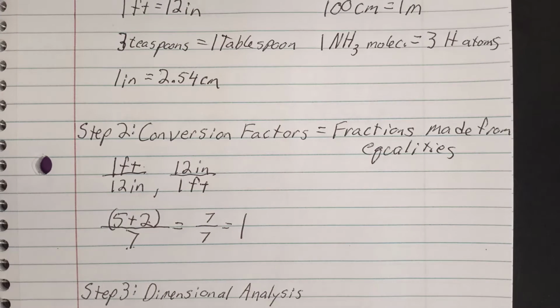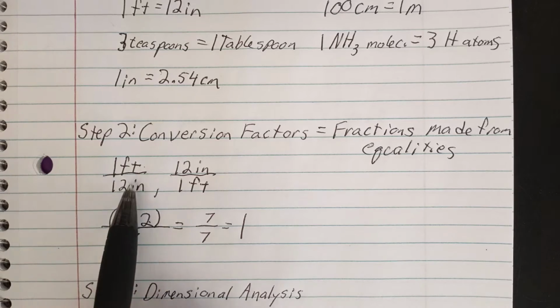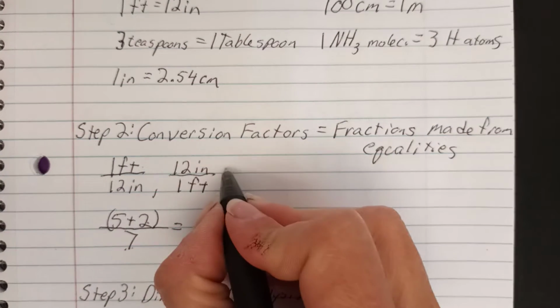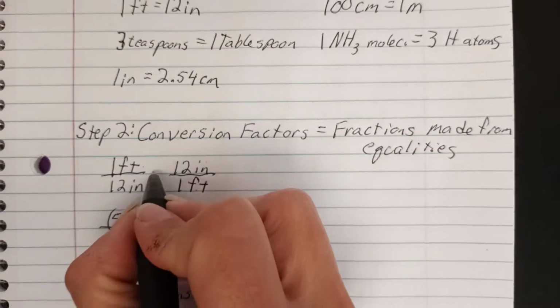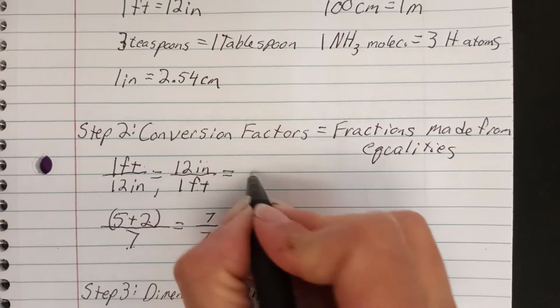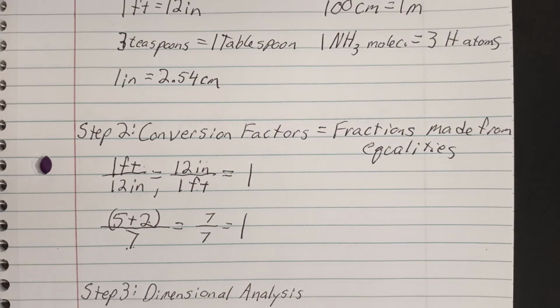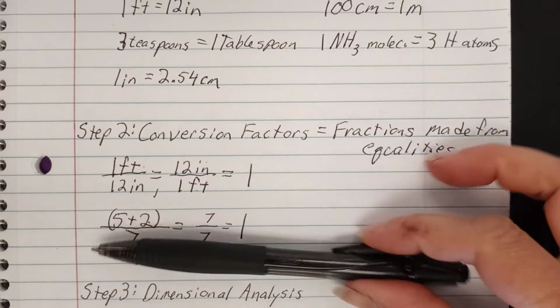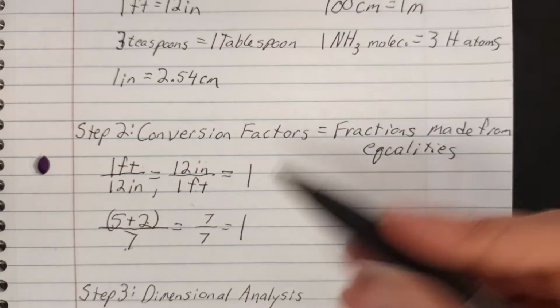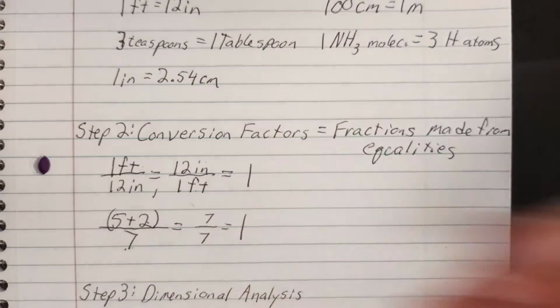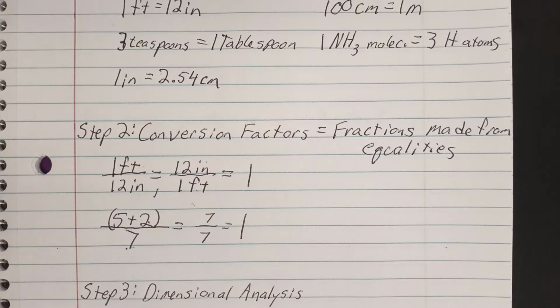And that happens absolutely every time. If I take 1 foot and divide it by 12 inches, or if I take 12 inches and divide it by 1 foot, I get 1, which means that I can multiply by these fractions and it won't do anything to my number, because if I multiply by 1, it doesn't change my original value.